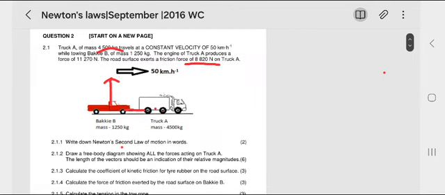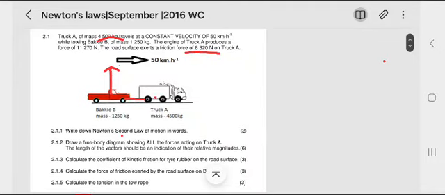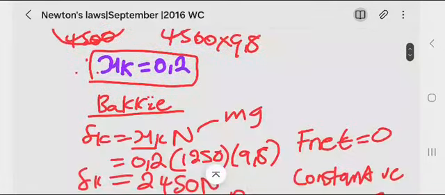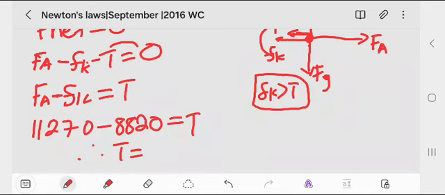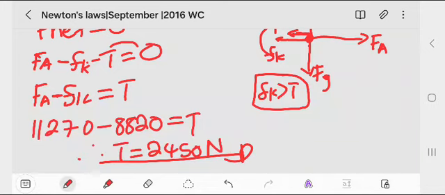Remember, we're focusing on truck A, so the friction is 8,820. So 11,270 minus 8,820 gives us T. Therefore, the tension is equal to 2,450 newtons.